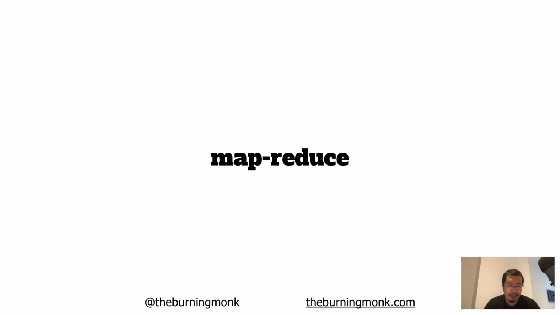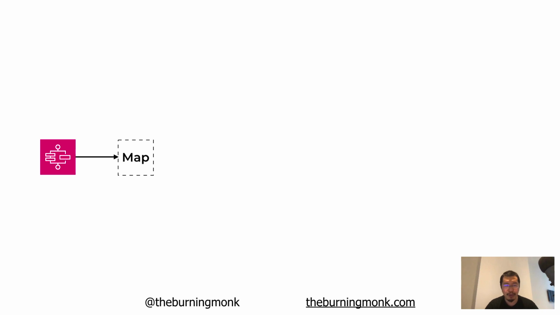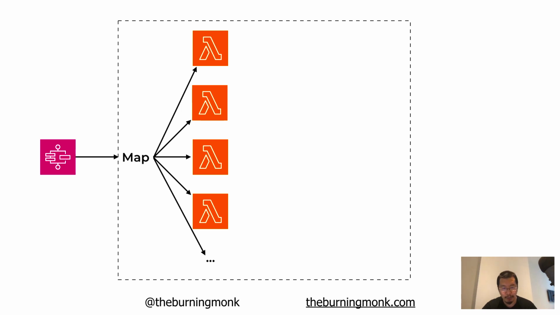And the last pattern I want to talk about is MapReduce, where you can make use of the dynamic parallelism you get from the map state to trigger lots of concurrent workers to process items in an array, and they're all going to spit out some output.